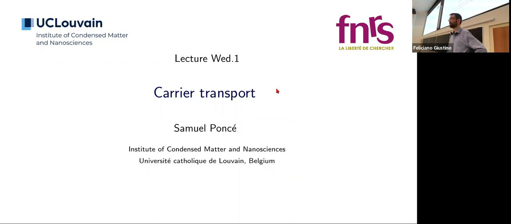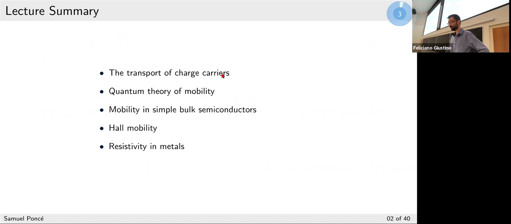Thanks a lot, Feliciano. So for this lecture, I'll be talking about carrier transport. This is a topic that I'm very keen on, I really like. The idea for this lecture is I will first briefly discuss the different kinds of carrier transport, charge transport.